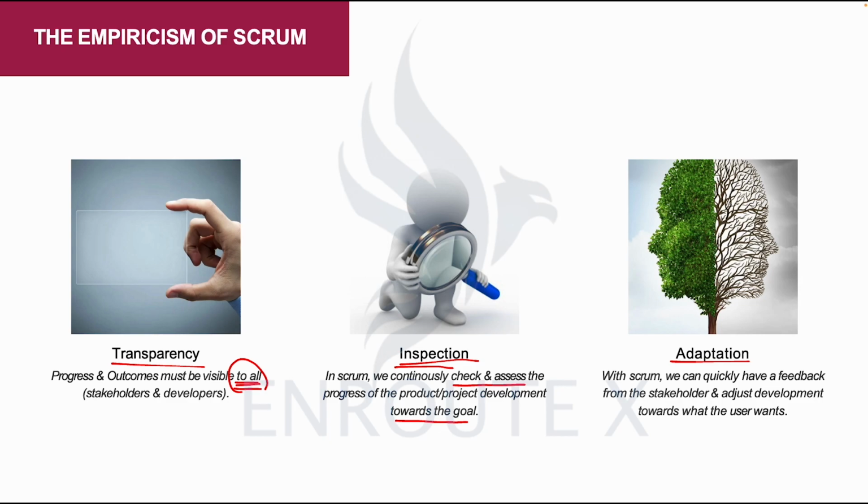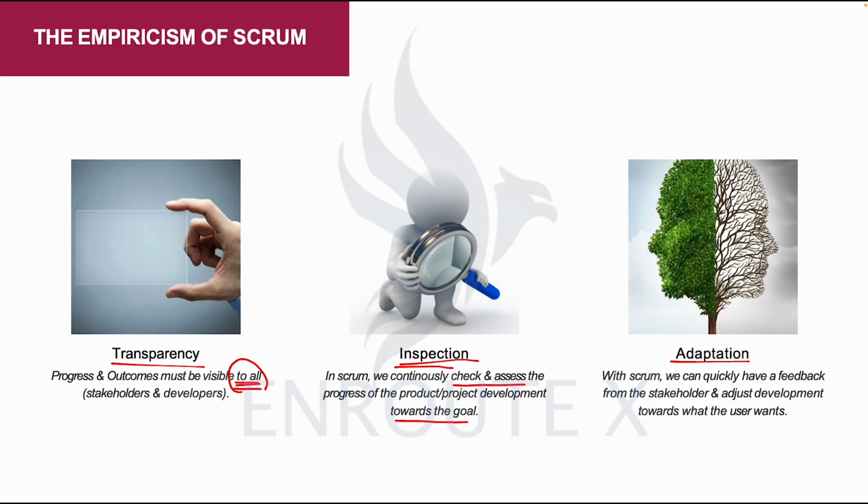Let's take, for instance, through inspection, you realize that what is being developed slightly deviates from what the stakeholder wants. Or in another meeting, like the sprint review meeting, you realize that the stakeholder gave some feedback that some other information or requirements given ab initio were not implemented as wanted.